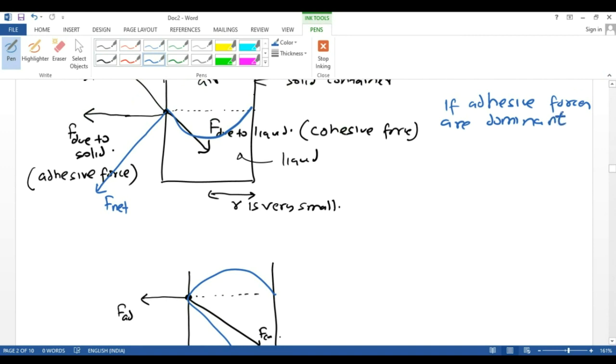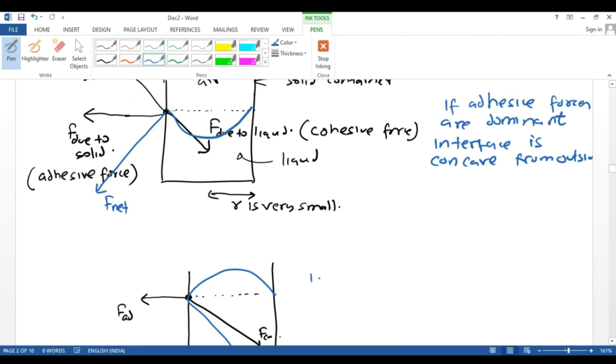I'm not saying adhesive force is more than the cohesive force, no, I'm saying adhesive force is utterly dominant, then the interface is concave from outside.